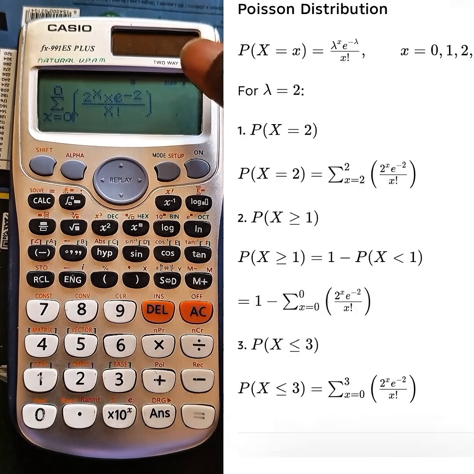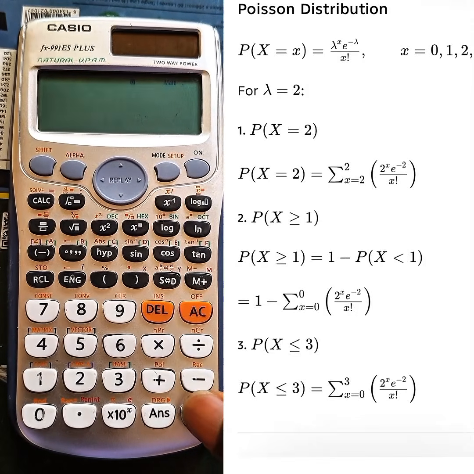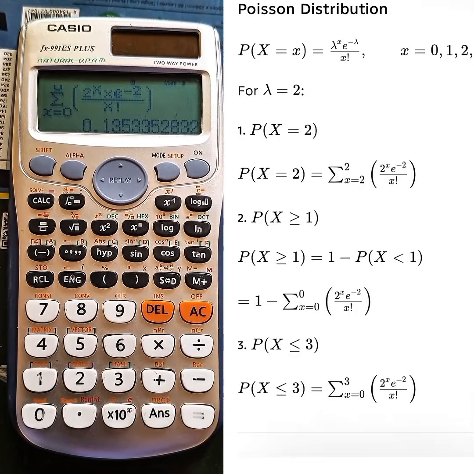This is for the probability of x less than 1, which is 0. When we press equal to, we have 0.135. Now we subtract this particular answer from 1.